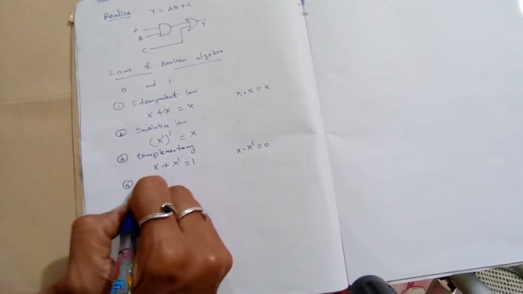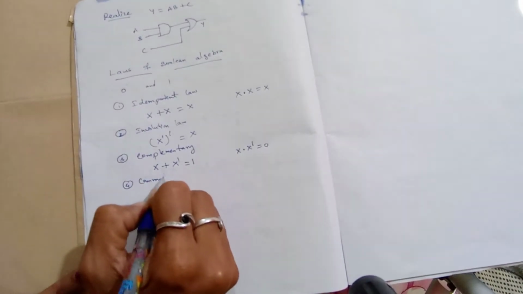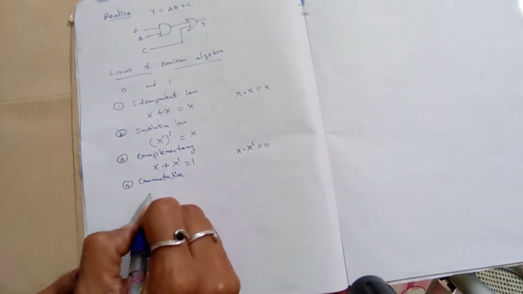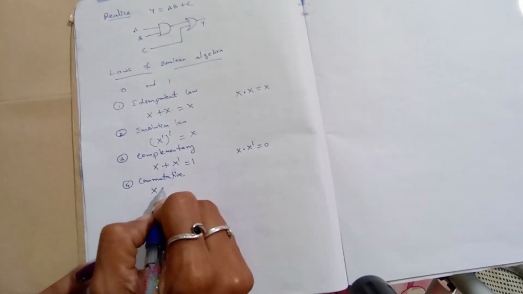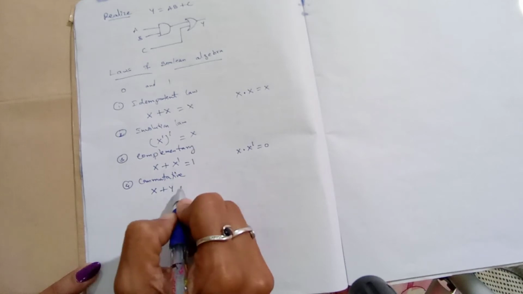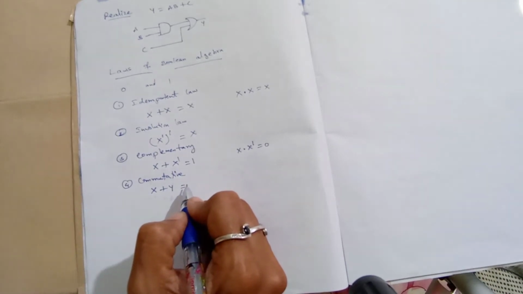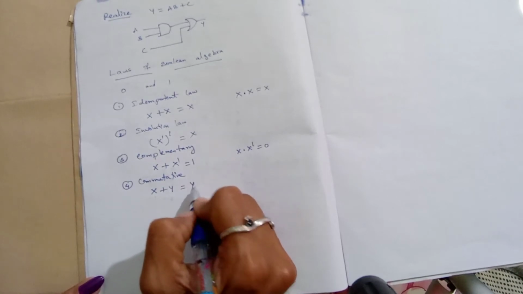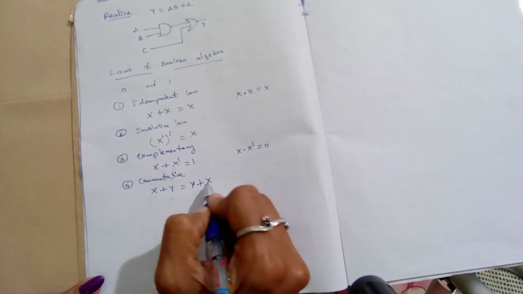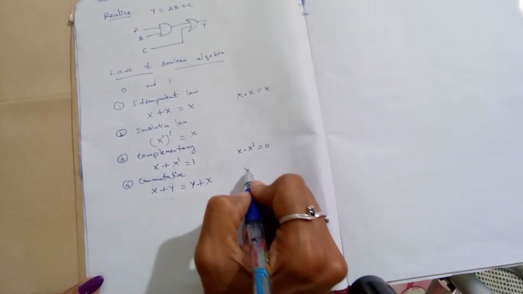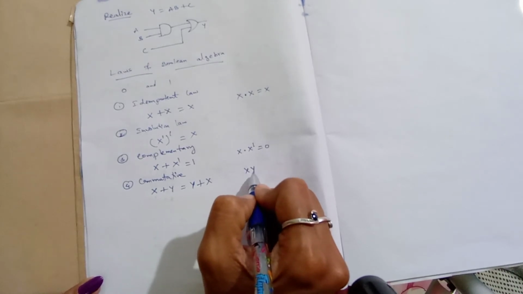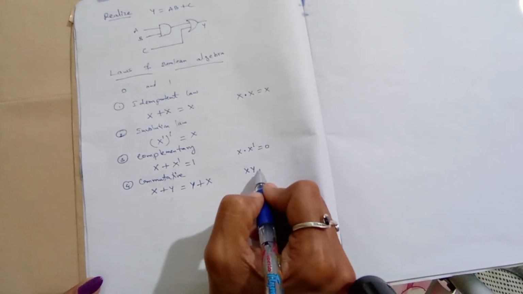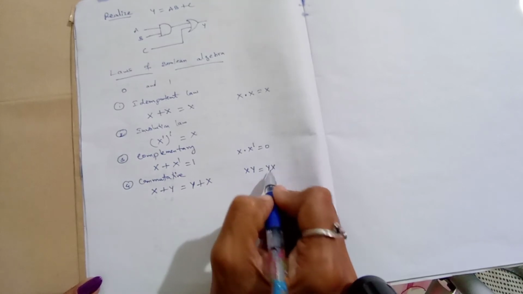Next, commutative law. That is, two inputs x and y, you can do either x plus y, plus is nothing but OR, and it is equal to y plus x. Using AND, x and y is equal to y and x.